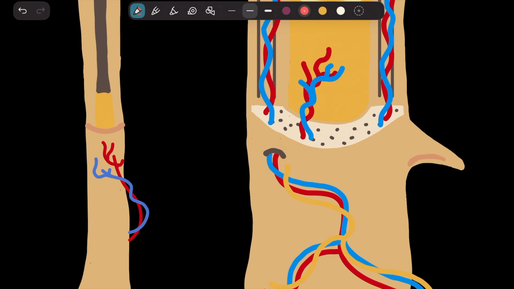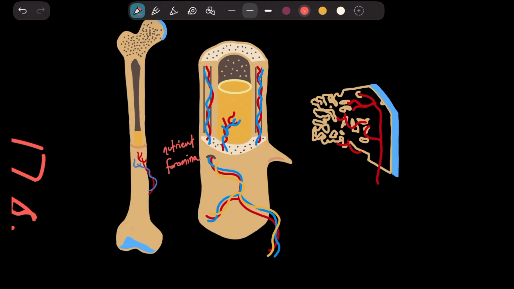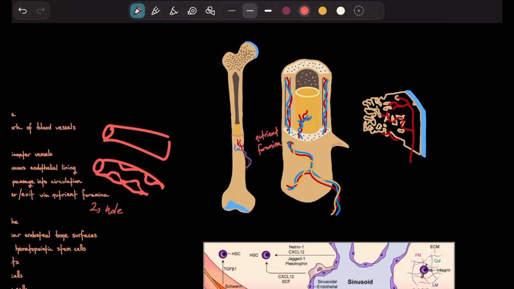Those are called nutrient foramina, that's the plural, so multiple nutrient foramina, one nutrient foramen.